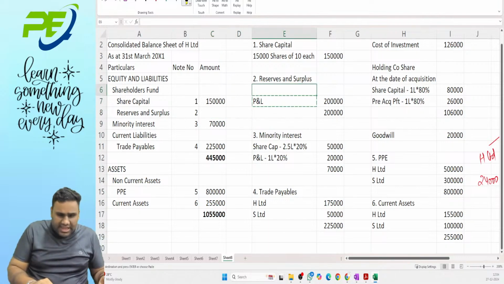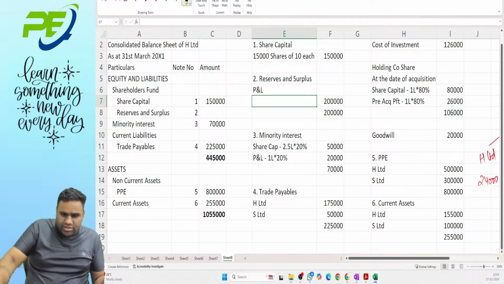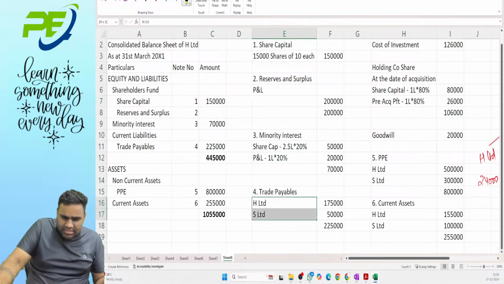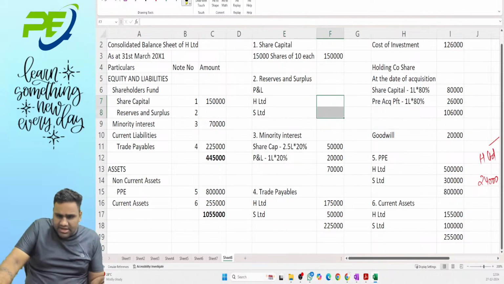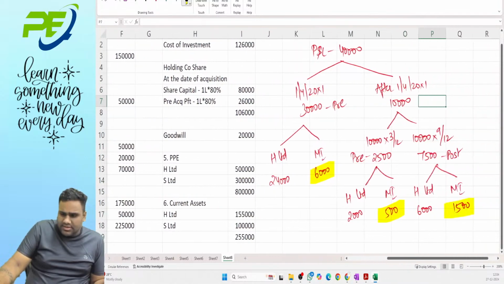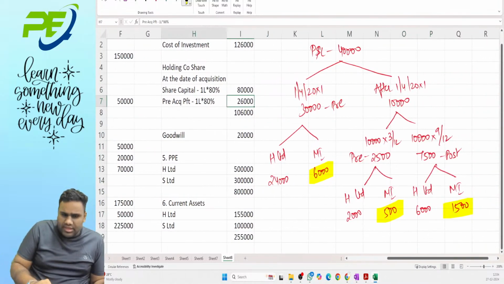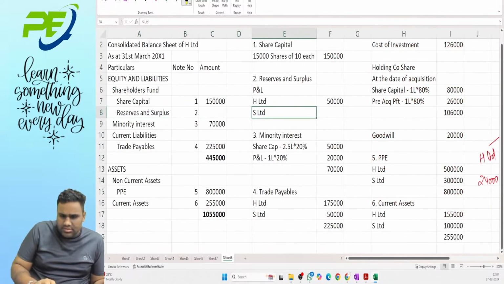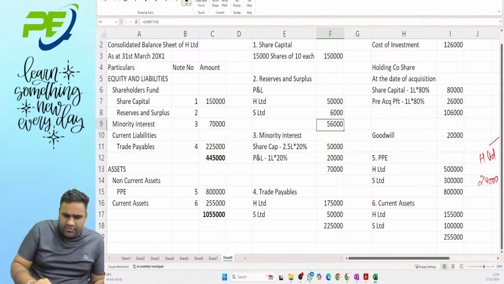So for PNL here also I have to put H Limited and S Limited. How much for H Limited and S Limited post acquisition? 6,000. Total 56,000.